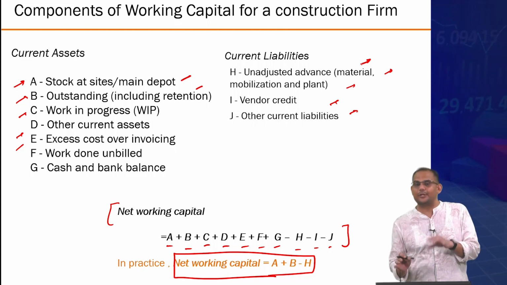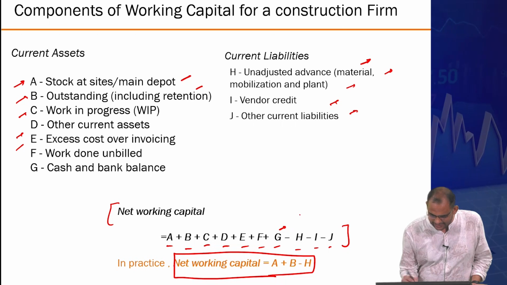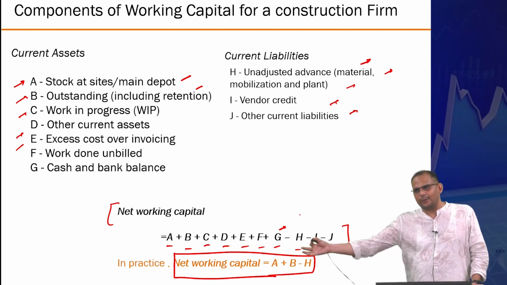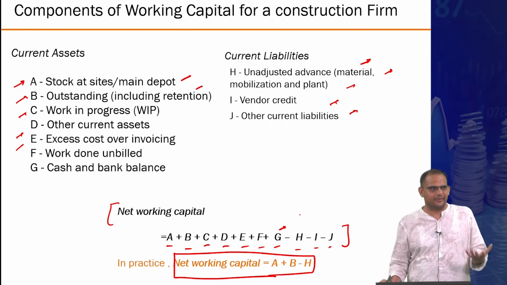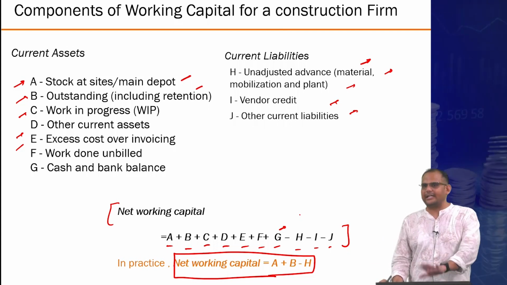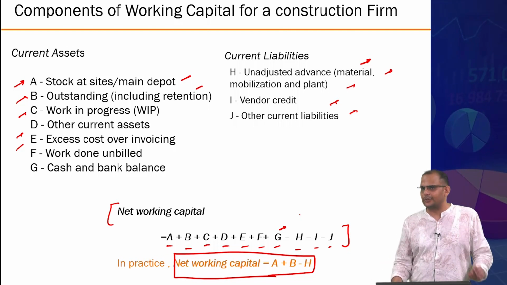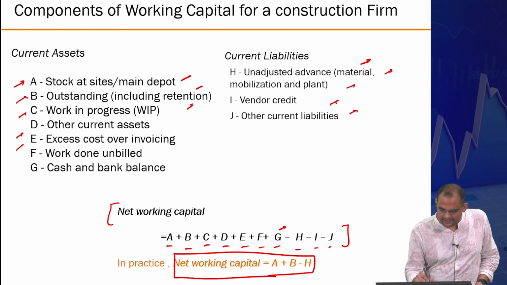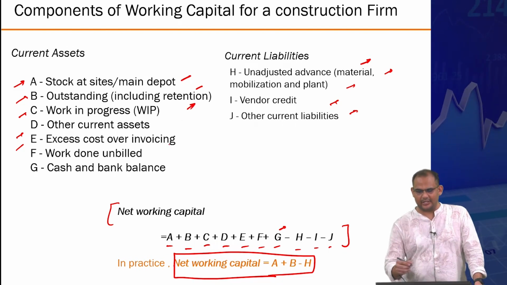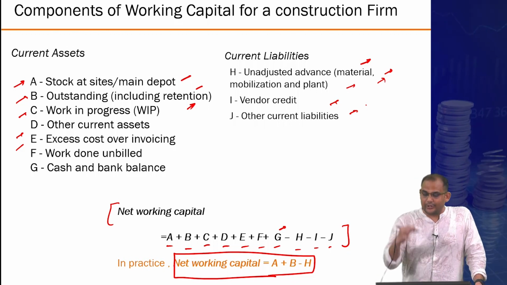Of course, it could change, and it could have more, it could have even J, K, L, M and so on, depending upon what you are tracking and how significant they are for your particular project. But in most generic construction projects, this much is sufficient to get a rough idea of what's happening, which is your stock at site, your outstanding, the money that you have not gotten, and the money that you have already gotten.